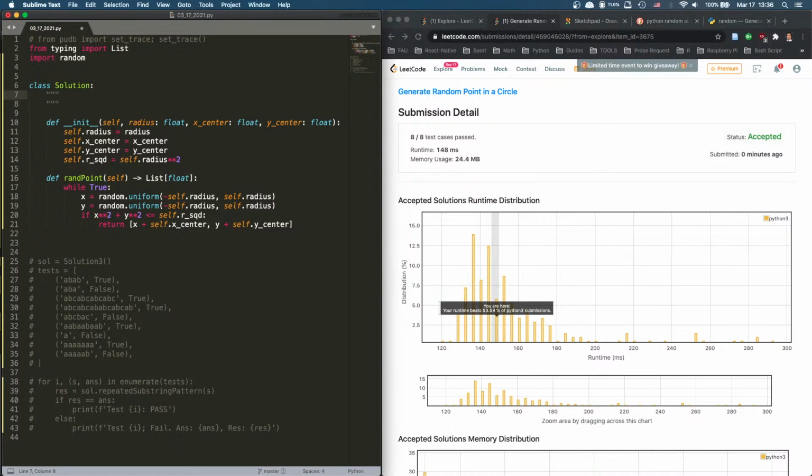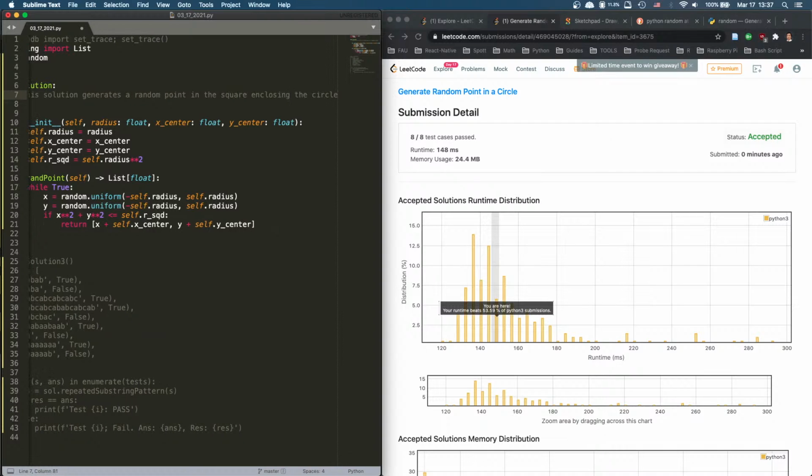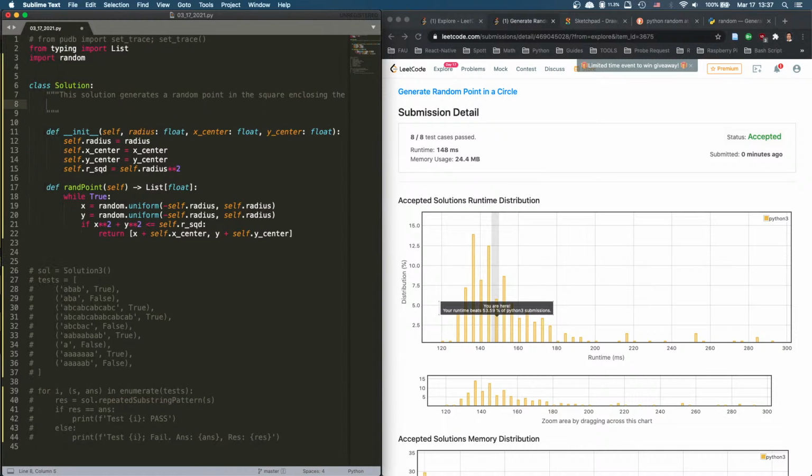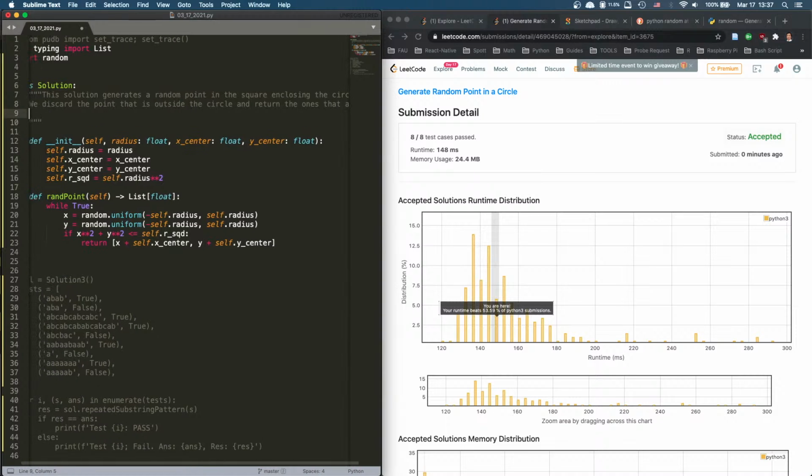So this solution generates a random point in the square enclosing the circle. I spelled it wrong. Square enclosing the circle. We discard the points that are outside the circle, and return the ones that are inside.